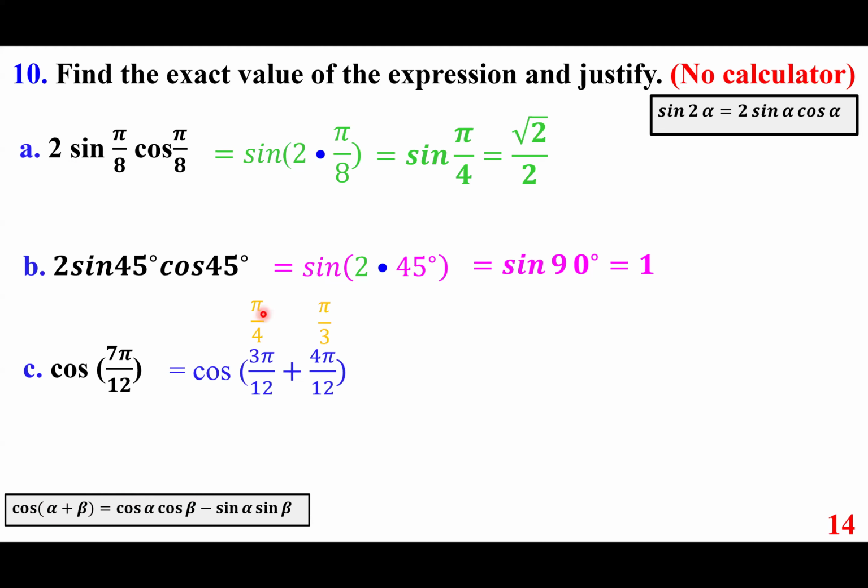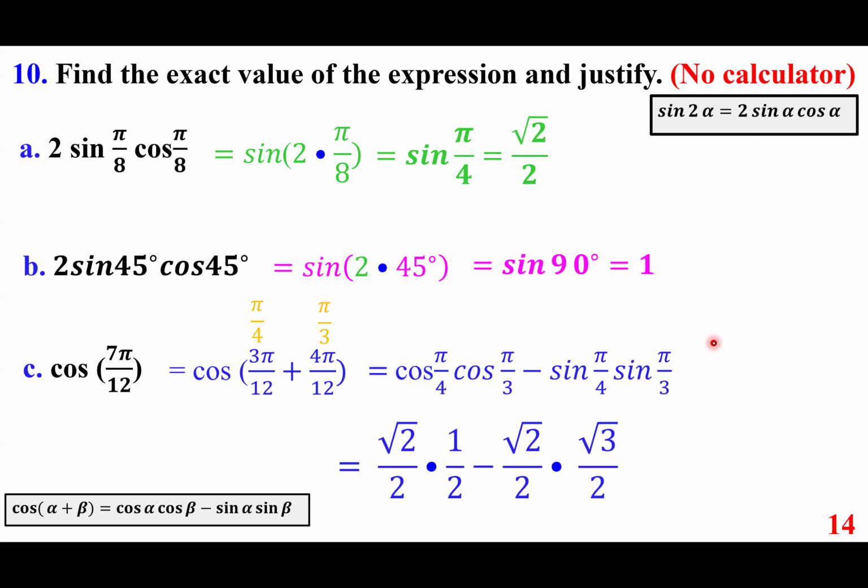So cosine of pi over 4, cosine of pi over 3, minus sine of pi over 4, sine of pi over 3. For pi over 4, cosine and sine are both square root of 2 over 2. Cosine of pi over 3 is 1/2, sine of pi over 3 is square root of 3 over 2. Replace it.